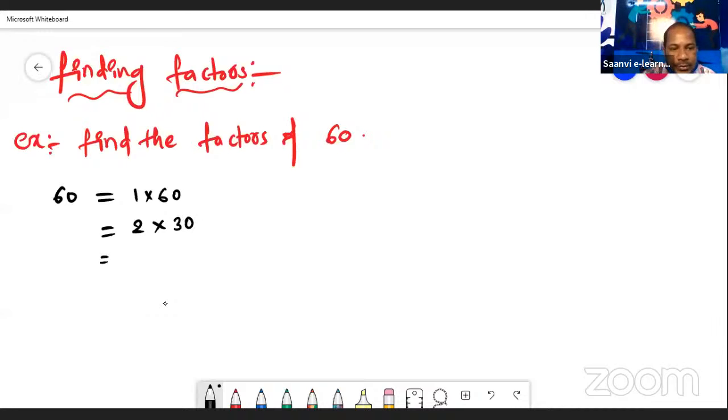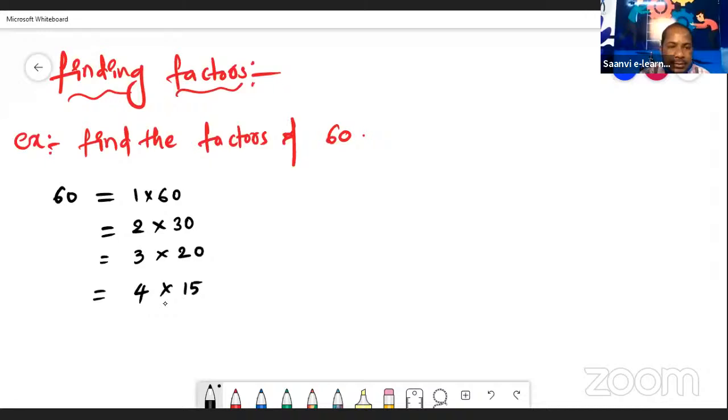Now after 2, take the next number 3. Is 60 divisible by 3? Yes, absolutely. 3 20s are 60. Now take the next number 4. Is 60 divisible by 4? Yes. 4 15s are 60. Isn't it?